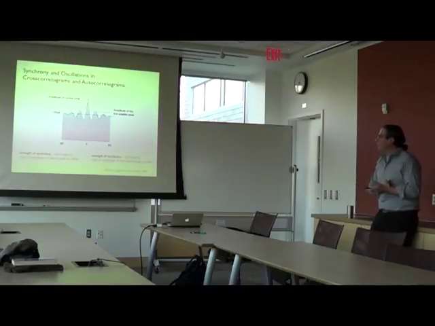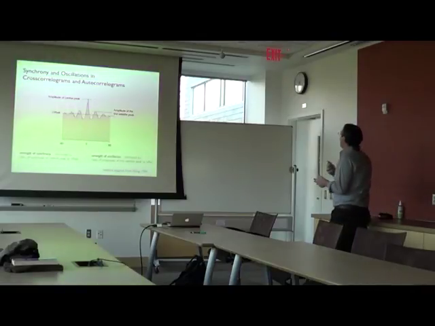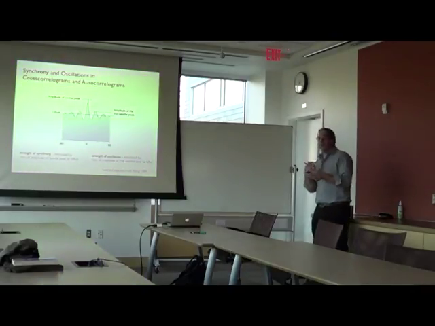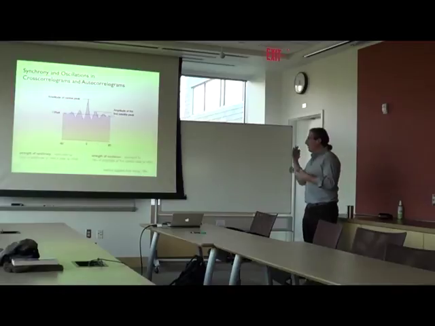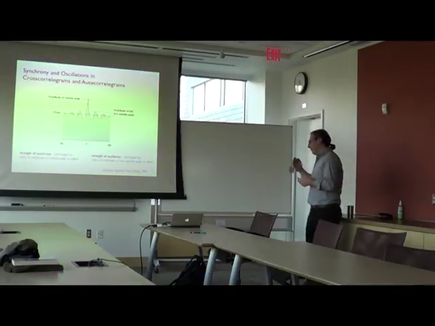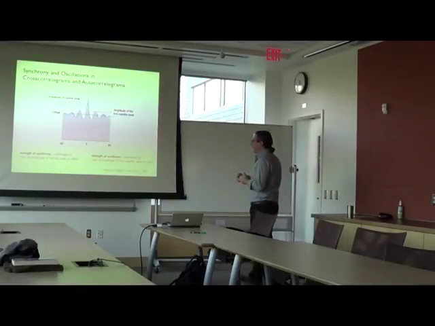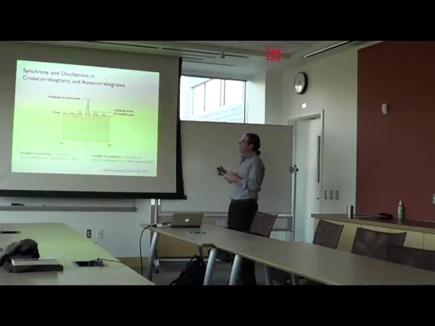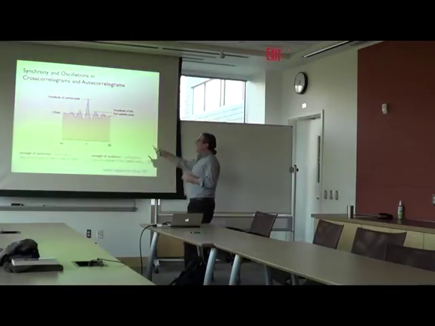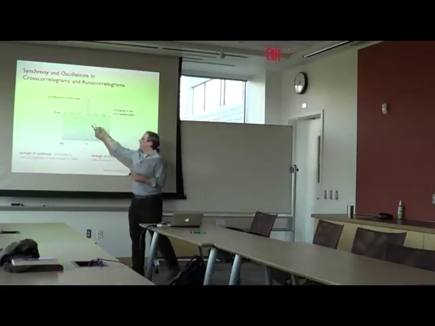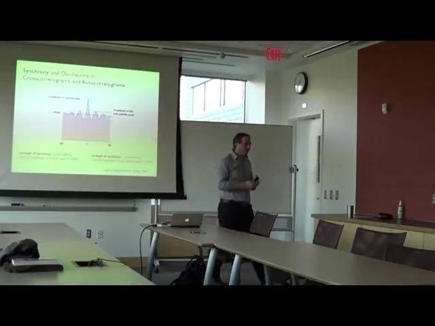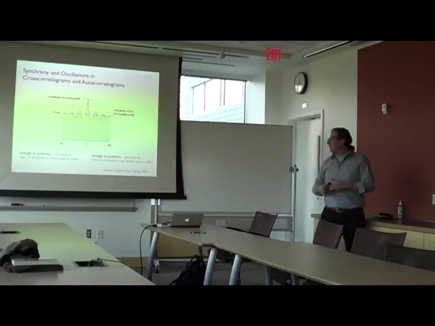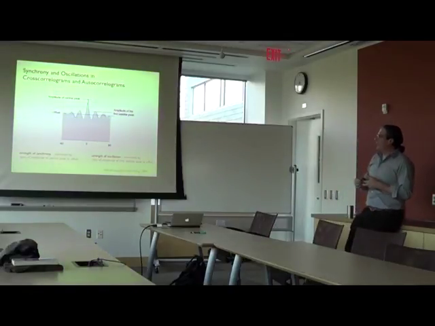And so to get a sense just visually of how strong an oscillation is, we do something that's more precise as far as calculation, but just so that you can look at a cross-correlogram and get a sense. The amplitude of the central peak versus the offset, that ratio would be a good estimate of the strength of synchrony.